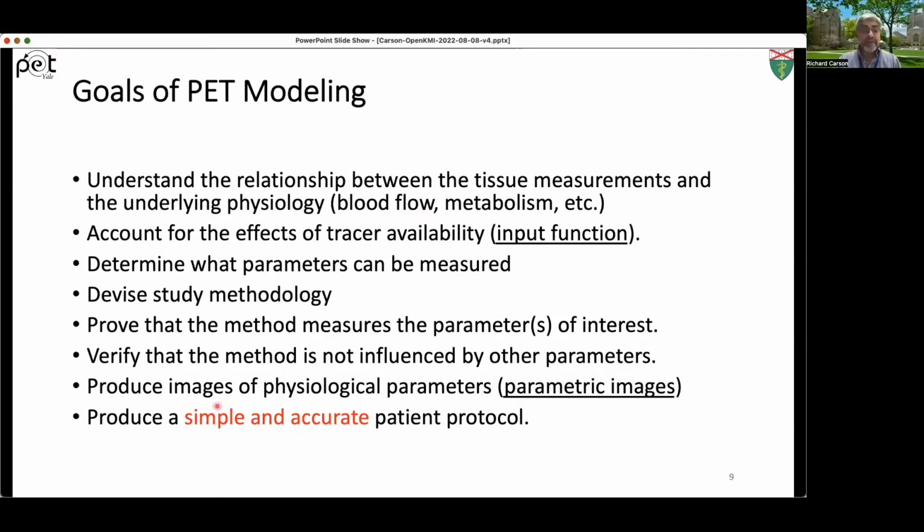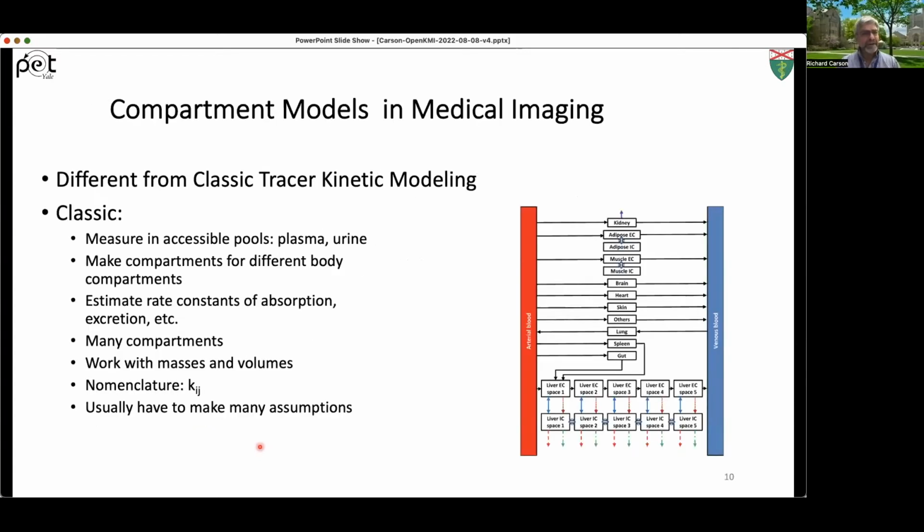Ideally, we can provide images of those parameters, those parametric images, not just radioactivity, but a binding measure or a flow measure, and then use that information to simplify. What can we do to make this a practical protocol for patients? The approaches we're going to take will be based on classical compartment modeling, but it's really different compared to what was classically done.